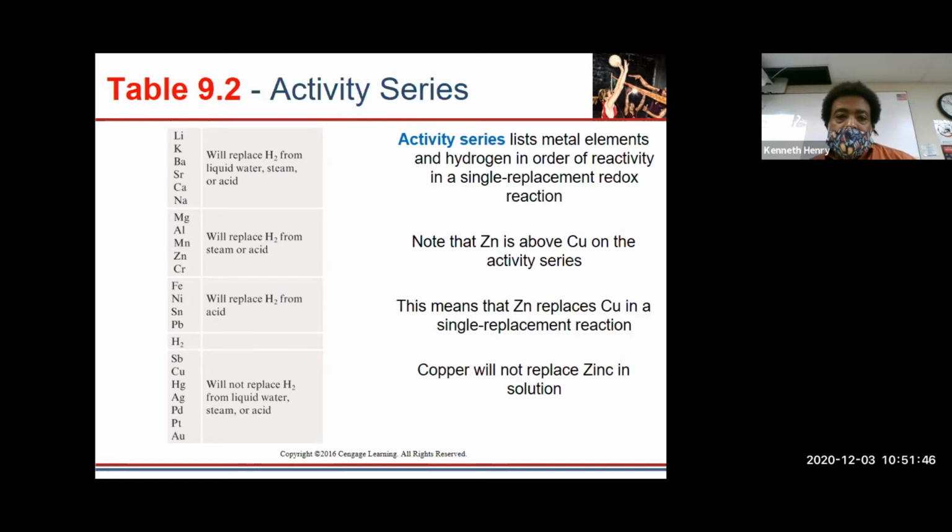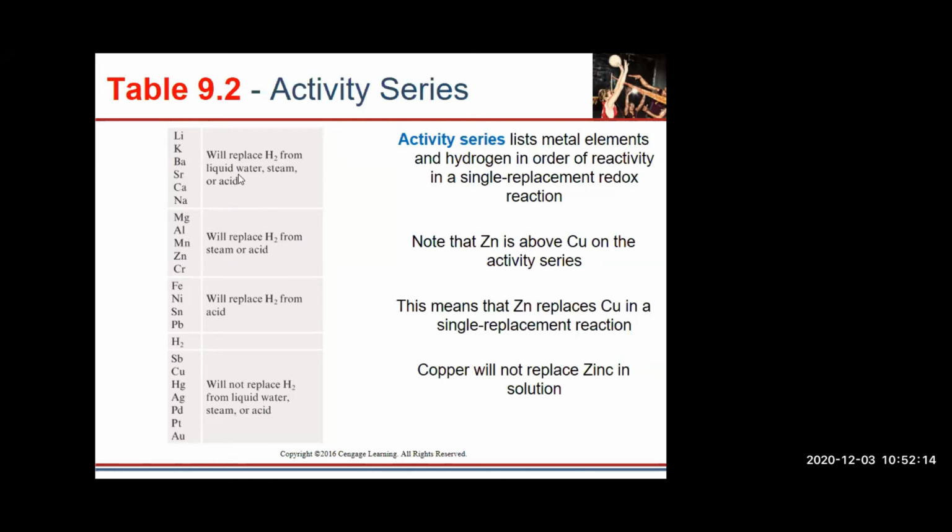Okay, so now let's talk about water or hydrogen. If you look up at the boxes, can you guys see those boxes up there? This first box has lithium, potassium, barium, strontium, calcium, sodium.